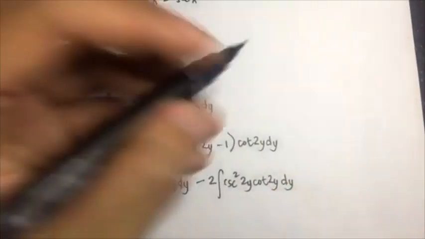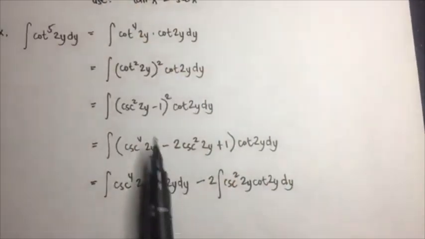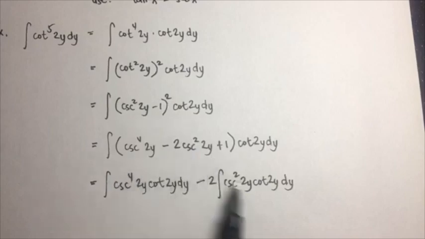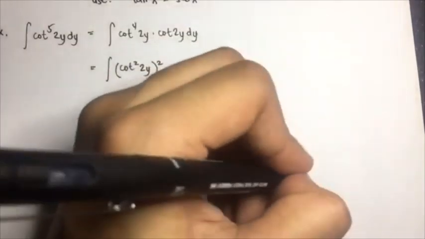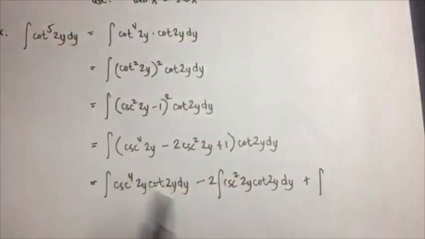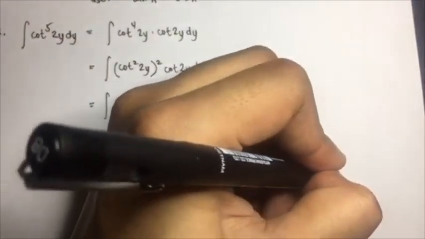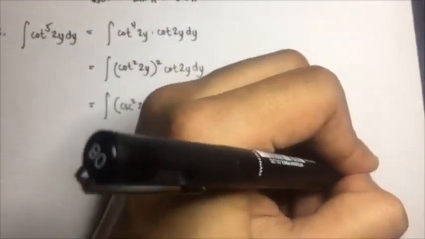Sorry, this should be plus, not minus, from this expansion, so plus integral of cotangent of 2y dy.